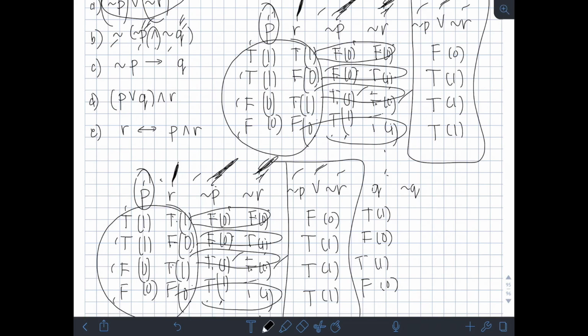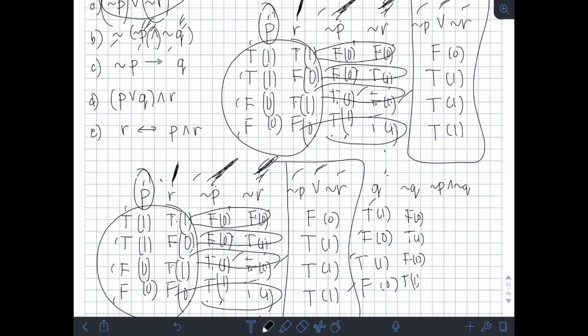So, sa not Q natin, we have kabaliktaran nito, yung input niya. So, false, true, false, true, or 0, 1, 0, 1. Okay? So, ang kulang na lang is ito. P and Q. Okay?